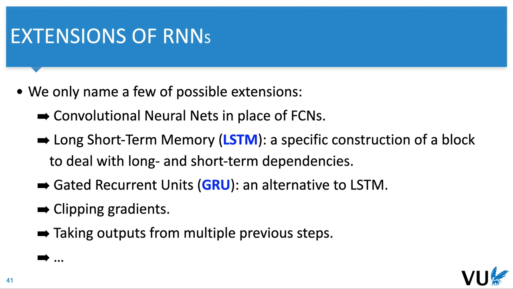You can also take outputs from multiple previous steps, so then you will have something like second order or third order Markov chains, and so on. You can use many different ideas, but most of them don't work in every case. They are good for some cases, better for others, worse for others. But it's still a very nice and interesting field of study.